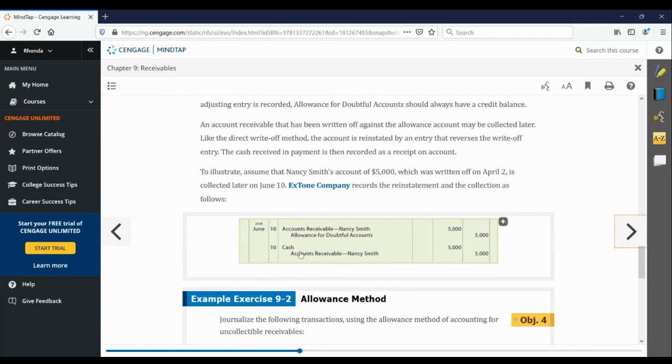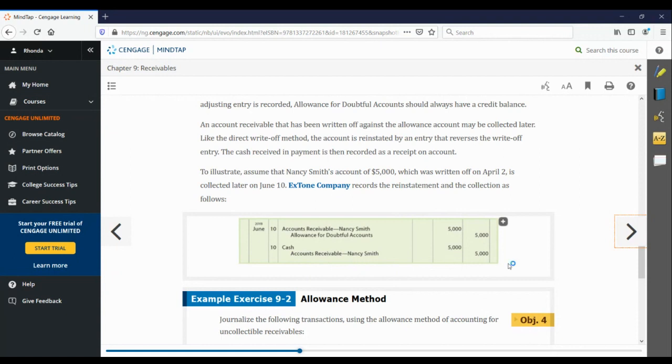And then we will accept her cash, so our cash would be debited, and then the accounts receivable would be credited. In other words, we reestablished her account only to make it go away when we have the money for that account. So our cash account is increased, our accounts receivable would be decreased.